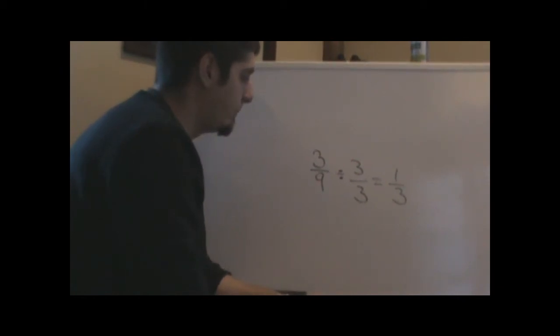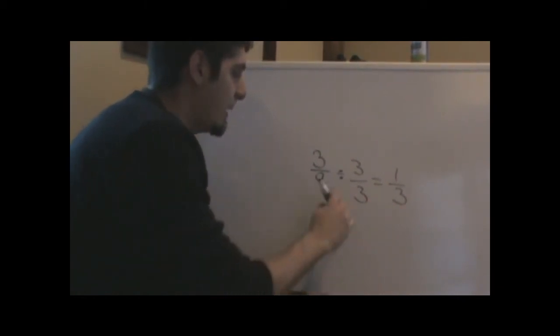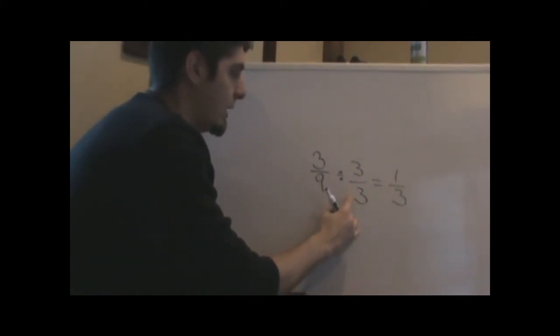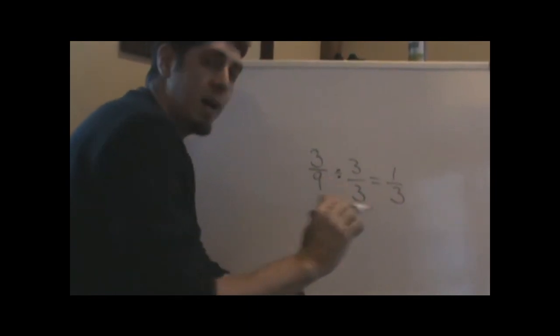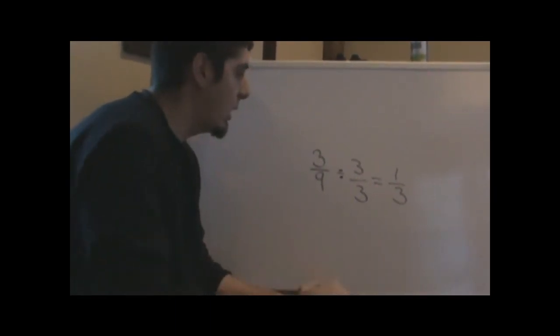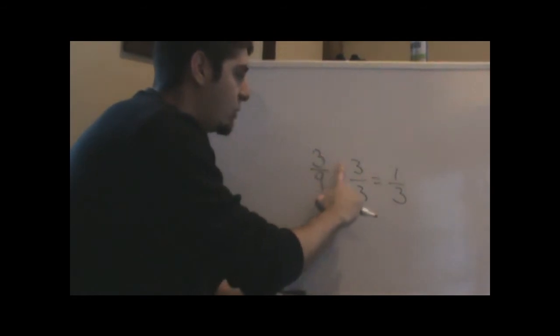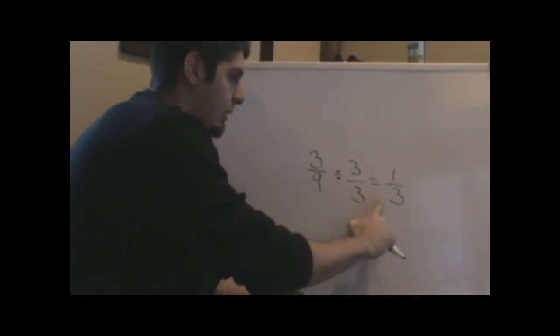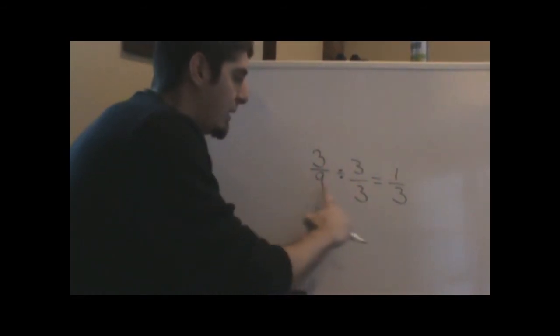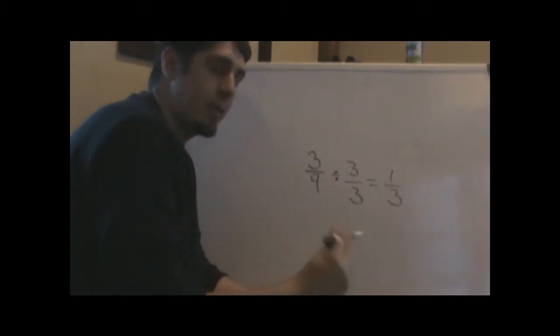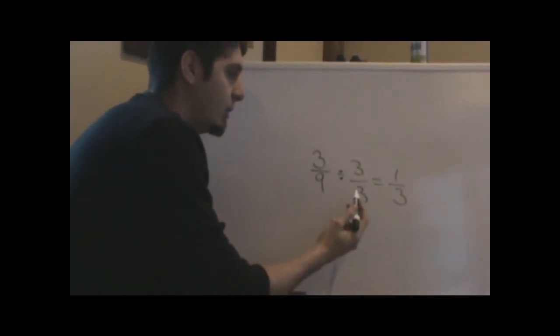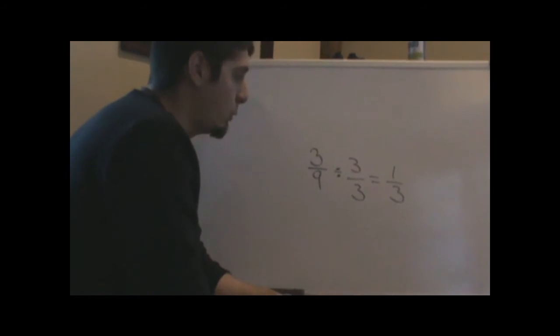This is the same as dividing by the fraction 3 over 3. Because when you divide a fraction, what is really going on is you just divide straight across. So if I'm dividing both top and bottom by the same number, I'm really dividing them by the fraction 3 over 3, which is actually equal to 1.